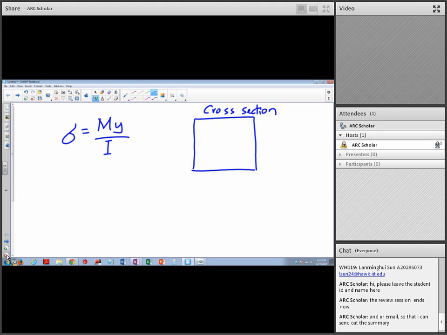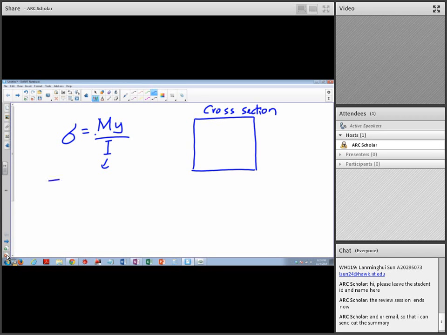We mentioned just now that we're able to find the moment at any point of the bar. So this is basically just the moment at that cross section. At the same cross section, the moment is going to be the same. To find the stress, you need to find I, which is the second moment of inertia.